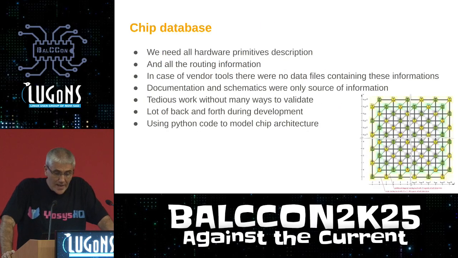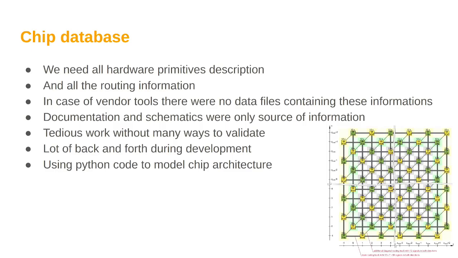So to create a chip database, of course we need to know all the hardware primitives, but also all the routing information. Usually you have some external files that already have that in them, but in this case everything was code generated, so there were no data files. Even if we have access to the source code, it was actually quite useless.